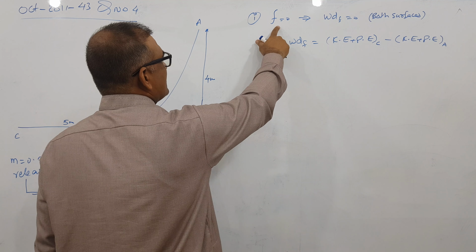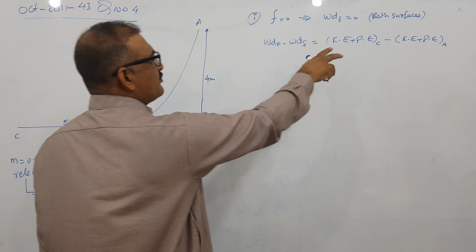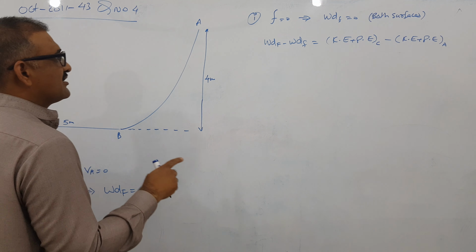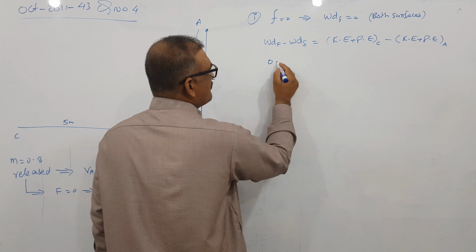Because friction is 0 here, both of these terms are 0, and as I discussed before, this is gone: 0 minus 0.